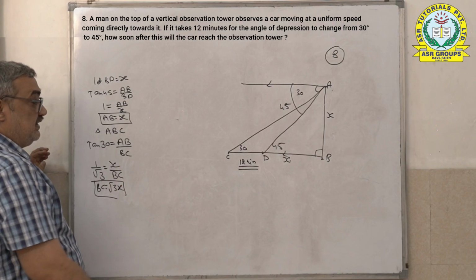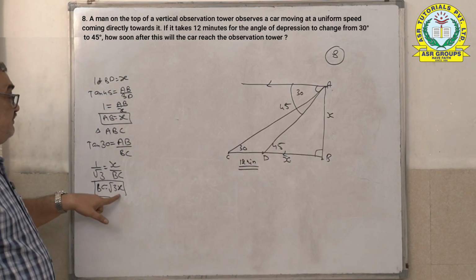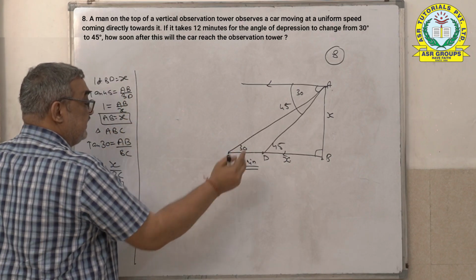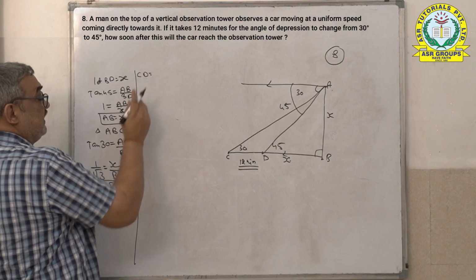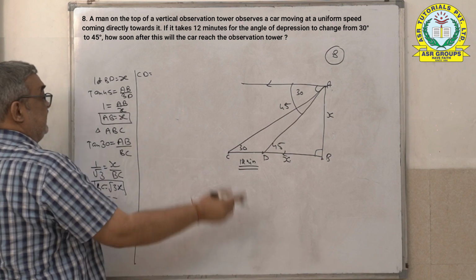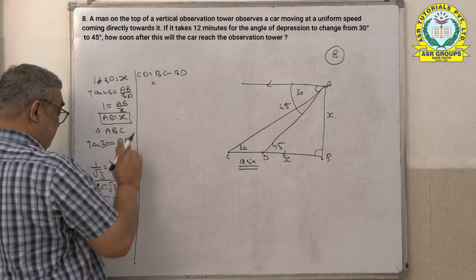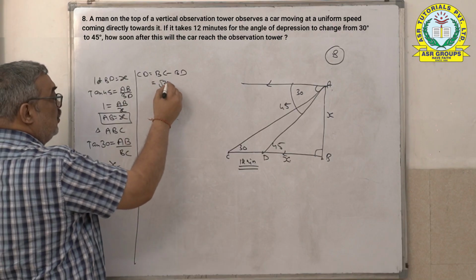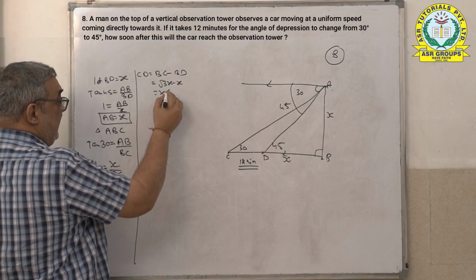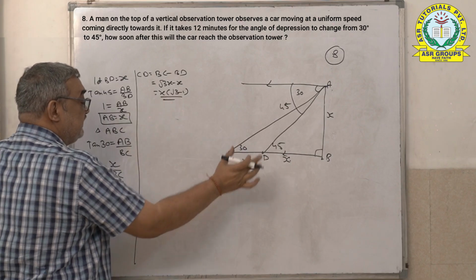So friends, BC I got root 3x. Now find CD. How will I get CD? From BC I will minus BD. BC minus BD is root 3x minus x, x common. This is the distance CD.